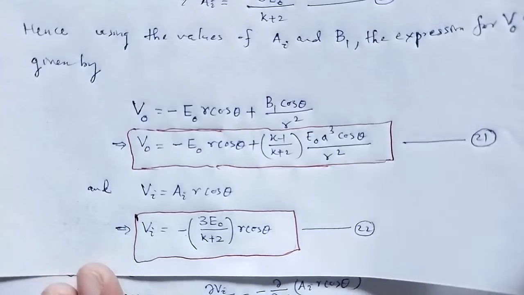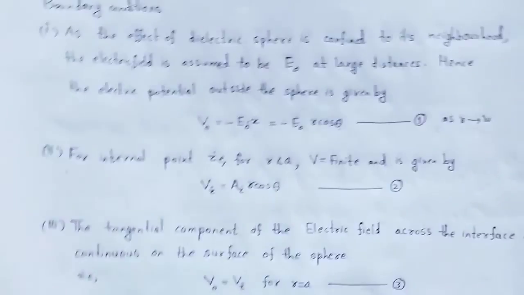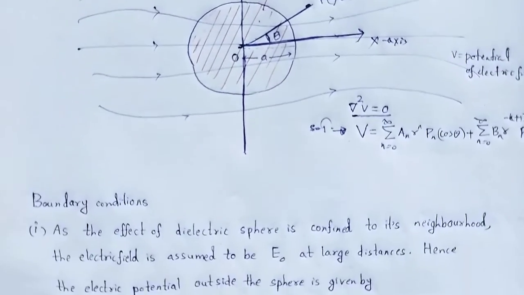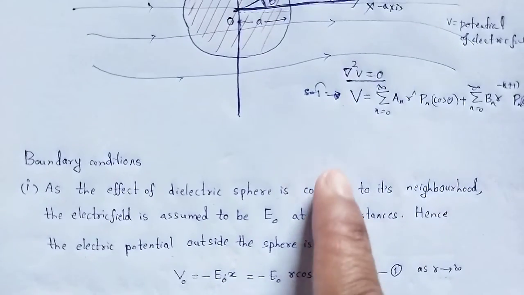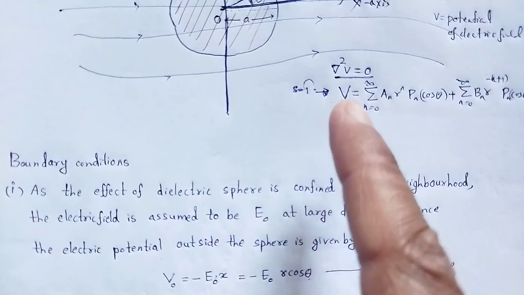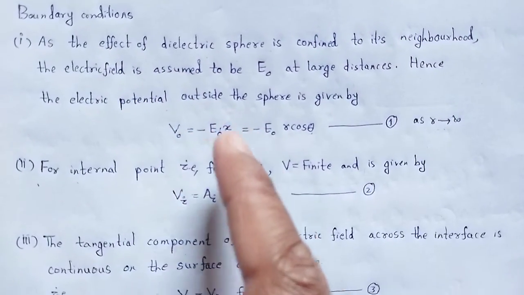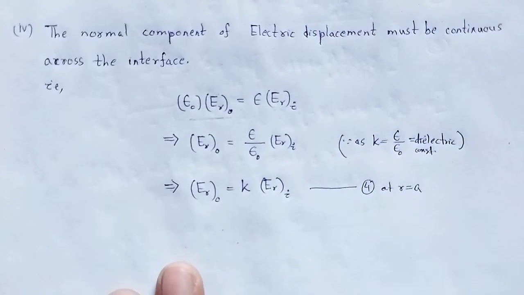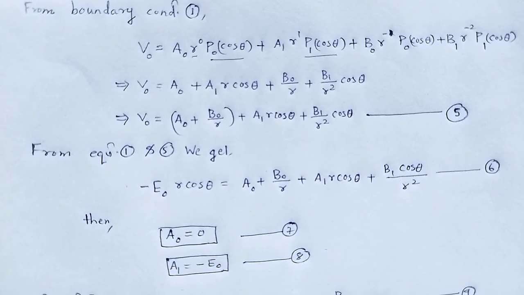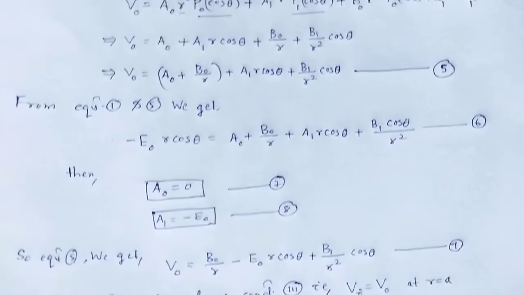So, with the help of this video lecture, we understand what a dielectric sphere in a uniform electric field is. These are the potential expressions, and our aim is to get the potential. Then we take 4 boundary conditions, and using these boundary conditions we can easily evaluate the constants like A naught, A1, B naught, B1.